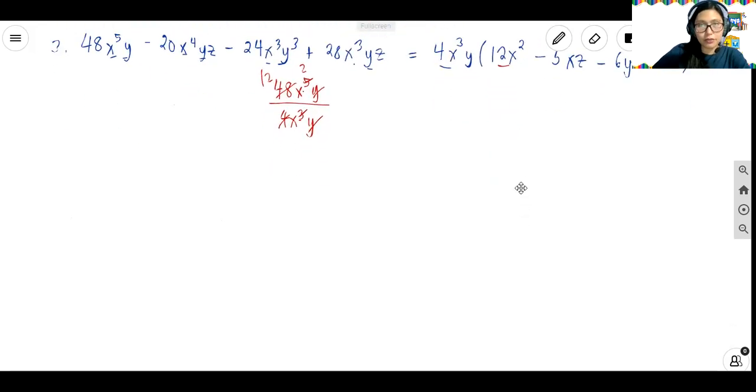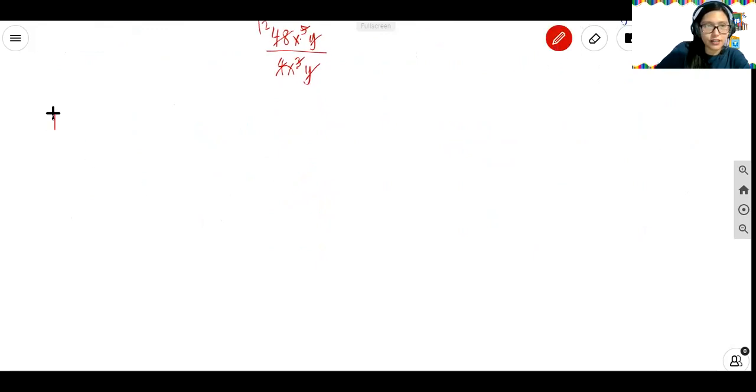So I'll give some practice exercises so that you can practice what we have learned just now. So let's have the expressions. 6n squared minus 9n. Oops, I forgot the direction. So factor the following.